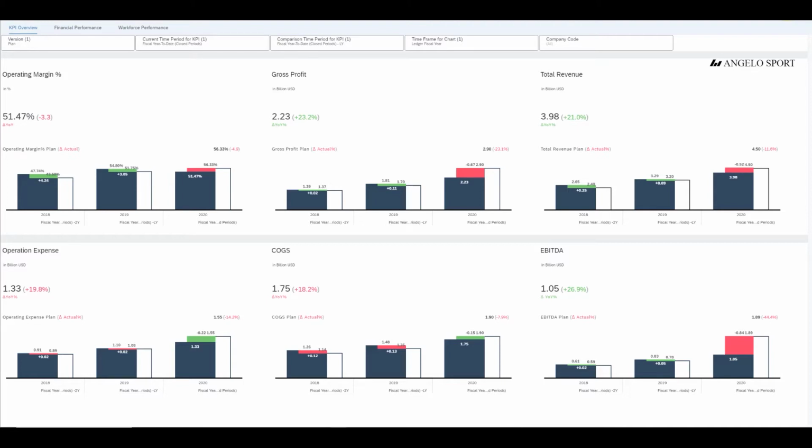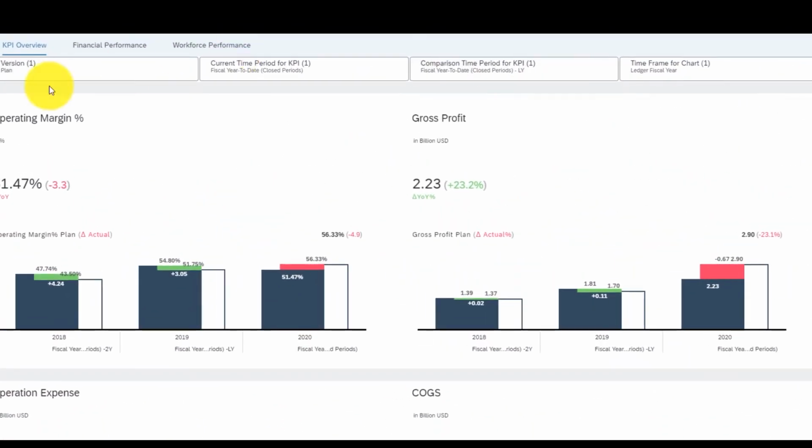What you are seeing here is a preview of the upcoming Financial Analytics Dashboard best practice that is tailored for a chief financial officer analyzing insights across cloud applications such as SAP S/4HANA Cloud and SAP SuccessFactors. The dashboard consists of 3 pages: KPI overview, financial performance, and workforce performance.